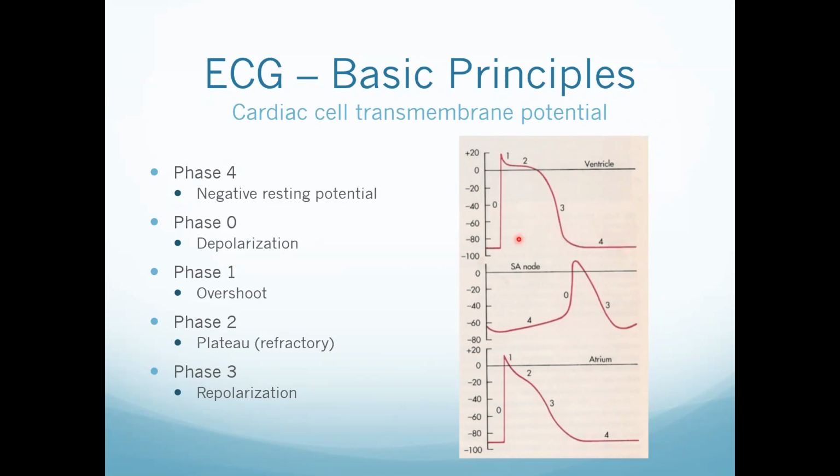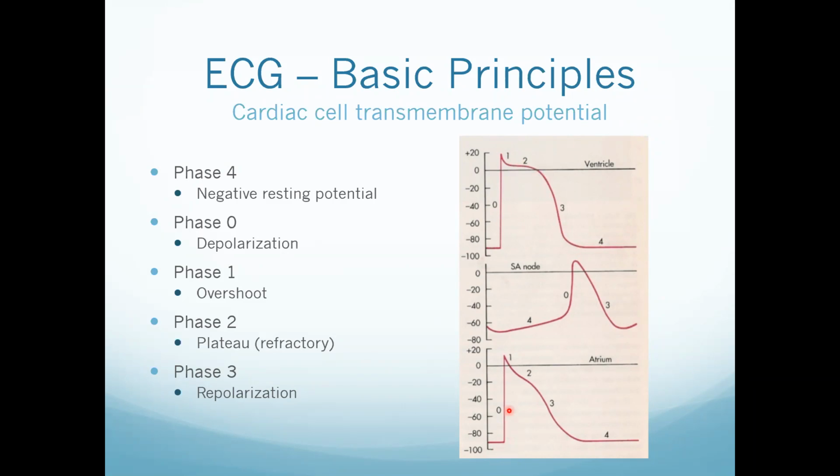Then once we get an action potential being generated in the ventricular cells at least, we've got phase 0, which is that really rapid, almost vertical upshoot. And then as we start to get repolarization, we'll get opening of potassium channels initially, which will cause this little peak, and then we'll get opening of calcium channels, which will continue this plateau before finally it drops down as we get more and more potassium channels opening to get back down to phase 4 again.